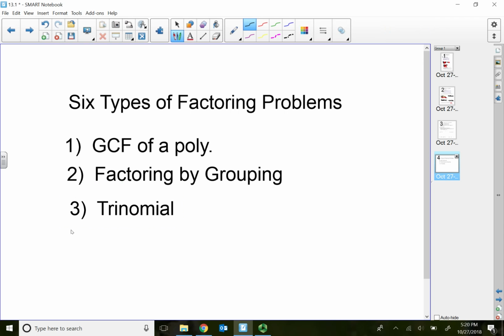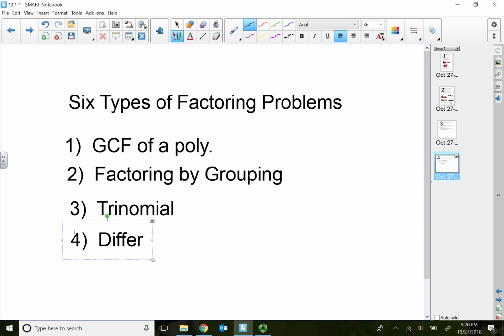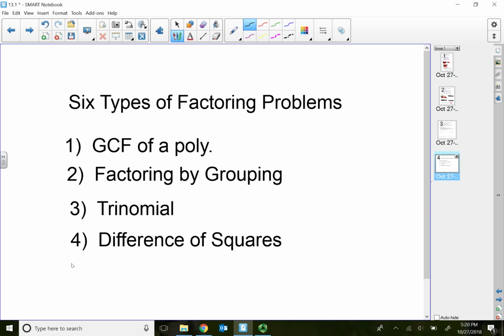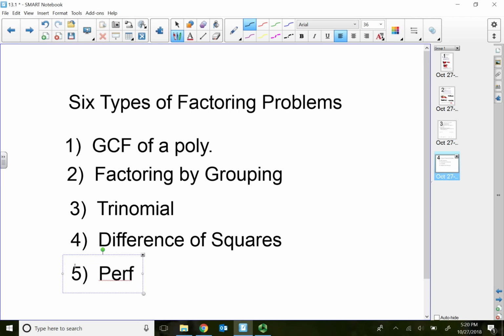Okay, and then in module 13.4, we will learn how to factor the difference of squares, the same difference of squares that we talked about back in module 12, and I hope you still remember the formula. Another type is factoring the perfect square binomial or trinomial.